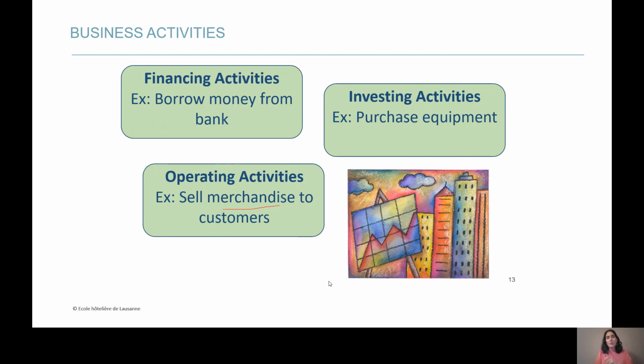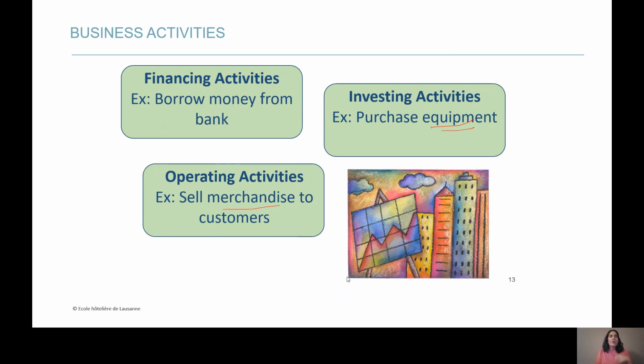This cash will be recorded in O. The investing activities section, when I purchase a long-lived asset, a long-term asset, when I buy an equipment, a building, a vehicle, a machine, I use money, I pay for my equipment cash. So this cash that goes out of the company will be recorded in the investing activities section of my cash flow statement.